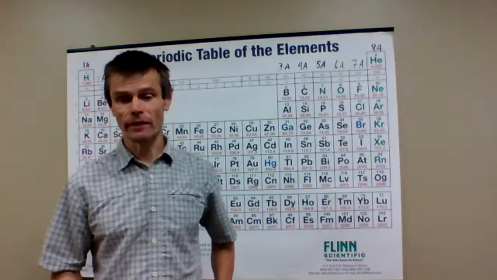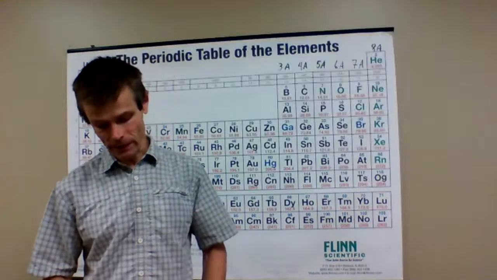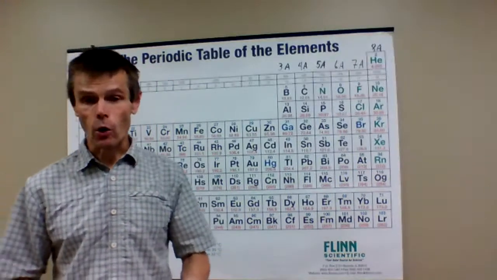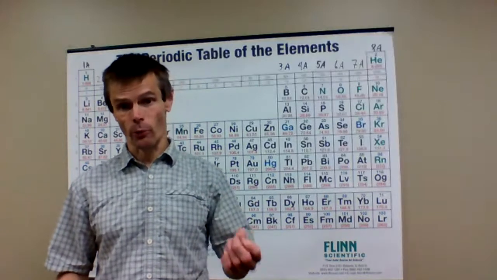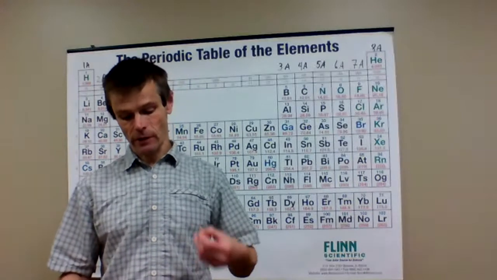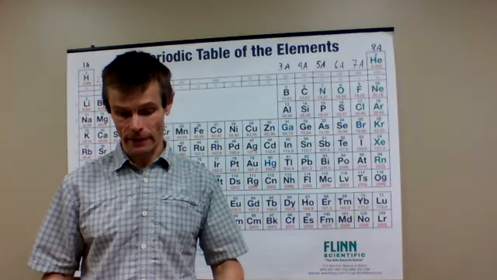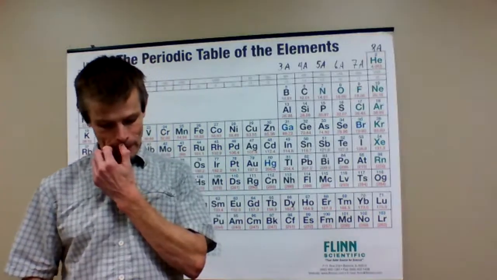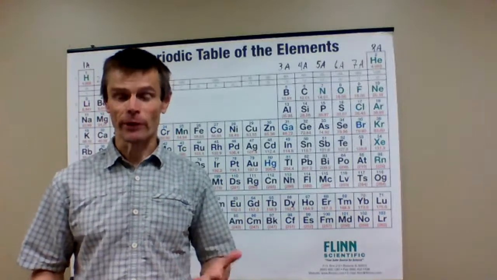And it was in 1869 that a Russian chemist, his name was Dmitry Mendeleev, he organized the known elements at that time according to their mass. And he discovered that when elements are arranged according to their mass, in terms of increasing mass, certain sets of properties reoccur periodically. And this is the essence of what we call the periodic law.